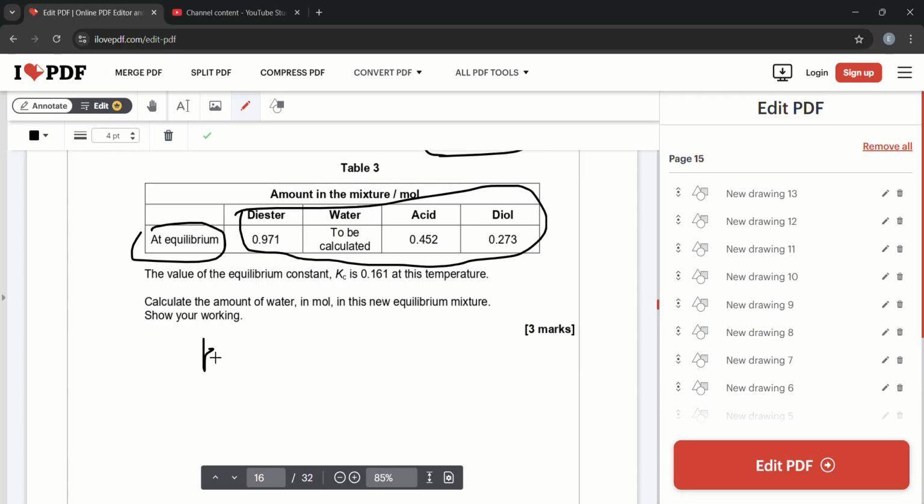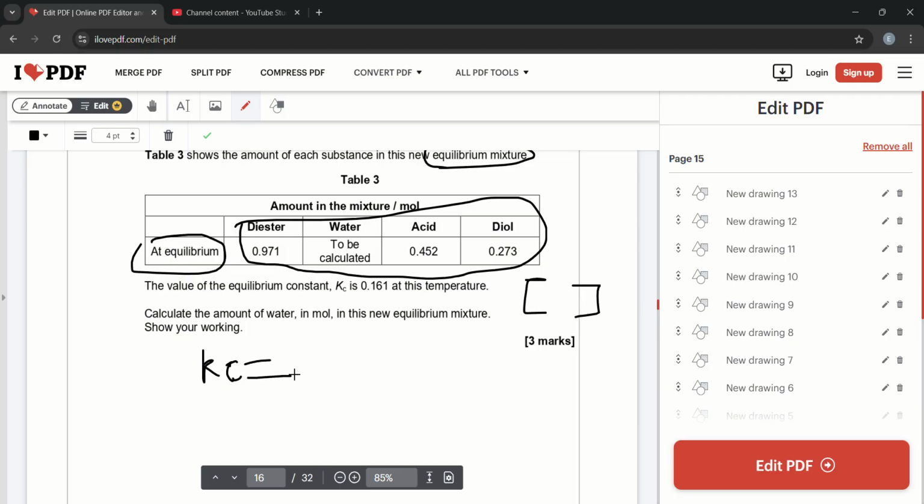So Kc, remember, it's going to be in square brackets. I think you'll lose a mark if you don't include square brackets.